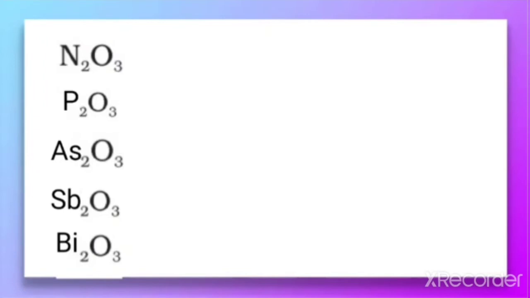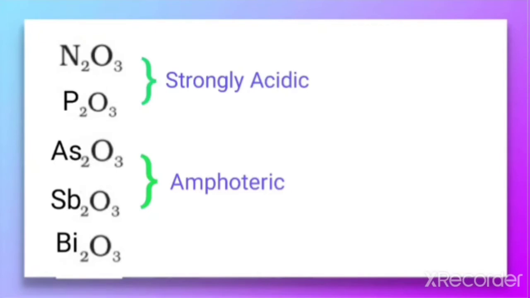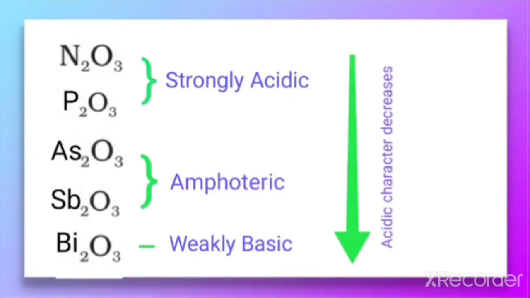That means in the trioxides of nitrogen, phosphorus, arsenic, antimony and bismuth, it is observed that nitrogen trioxide and phosphorus trioxide are strongly acidic, the trioxides of arsenic and antimony are amphoteric, and the trioxide of bismuth is weakly basic. So it shows that the acidic character decreases down the group.